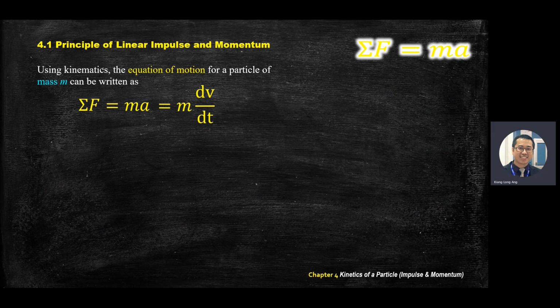Then you have F equal to m dv/dt. You move the dt to the left, you get F dt equal to m dv. You have dt on the left-hand side, dv on the right-hand side. What do you do? Integration.